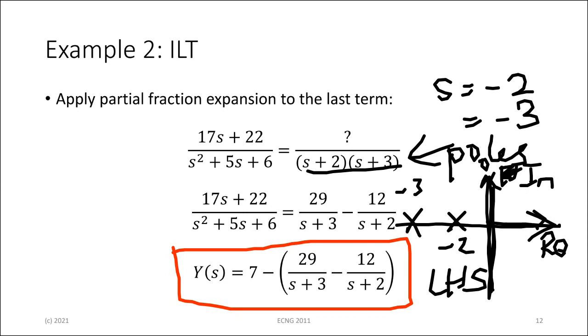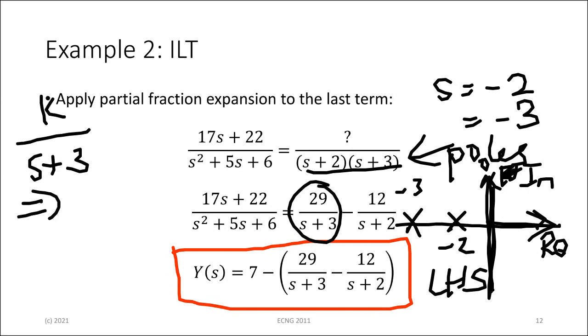And s plus 3 translates into, when I find the inverse transform, something over s plus 3 gives me an e to the -3t.